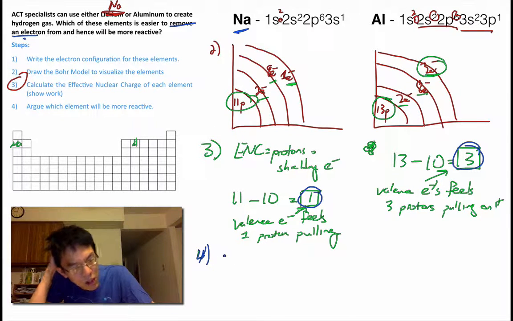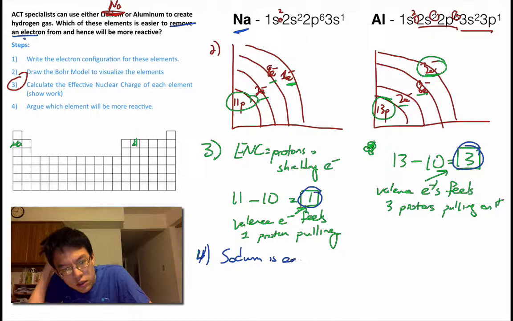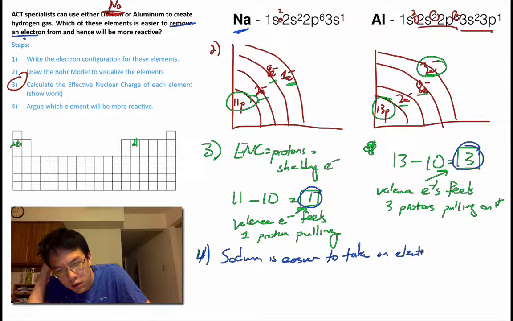So I'm going to say that sodium is easier to take an electron from. And why is that?